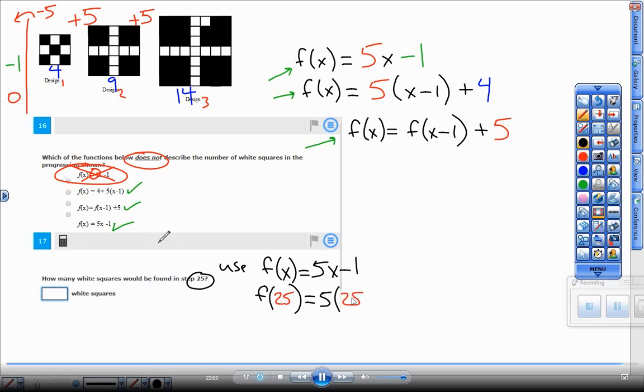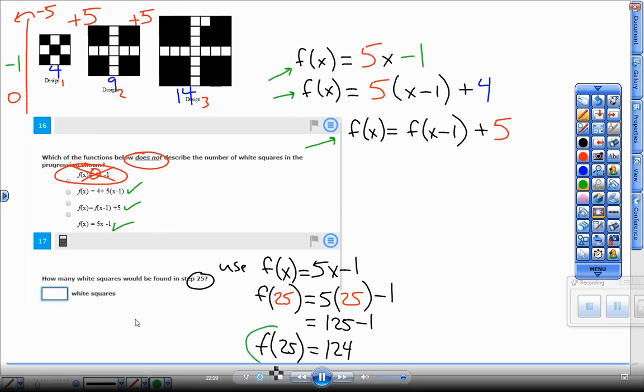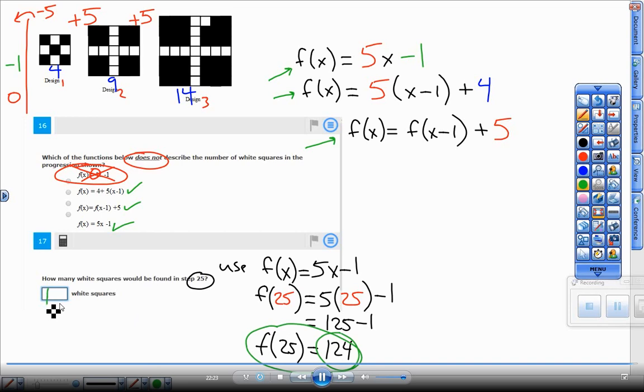This is actual math right here. 5 times 25 gives me 125. And then that take away 1 gives me 124. So the number of white squares is 124. Make sure you write that in that box.